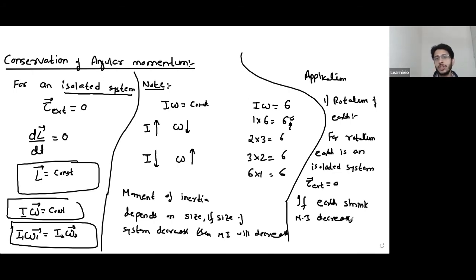If moment of inertia decreases, then what will happen to angular velocity? It will increase. Yes, angular velocity will increase. I mean, it will start rotating fast. If it starts rotating fast, can you guess what will happen to its time period? Yes, Fazil. Decrease. Yes, time period will decrease.